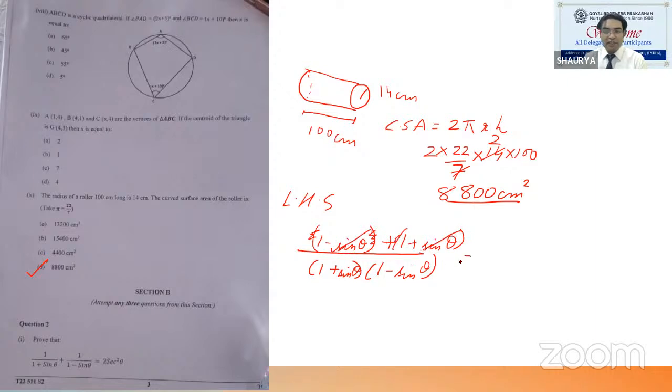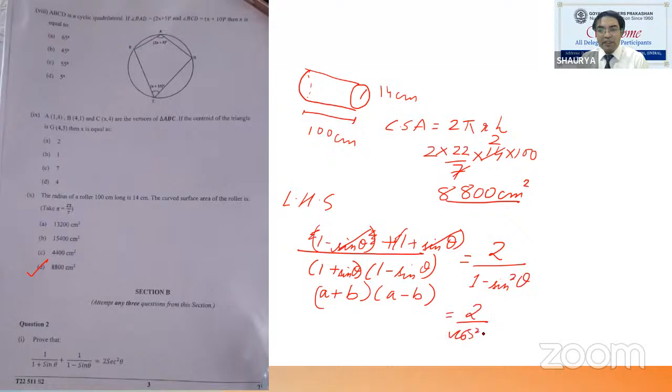I'm left with 2 upon this denominator, which can be simplified using a simple algebraic identity: a plus b into a minus b is a square minus b square, which gives me 1 minus sine square theta, which can be written as 2 upon cos square theta, and the reciprocal of cos square theta we already know as sec square theta. So we have the desired result in just 2 to 3 steps. I hope this stands done.